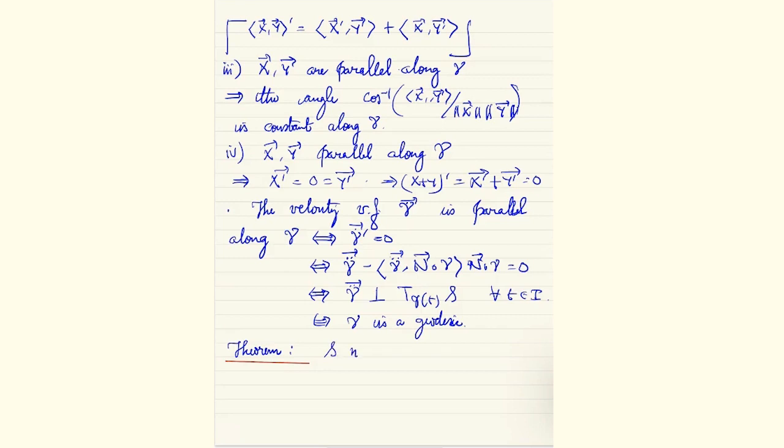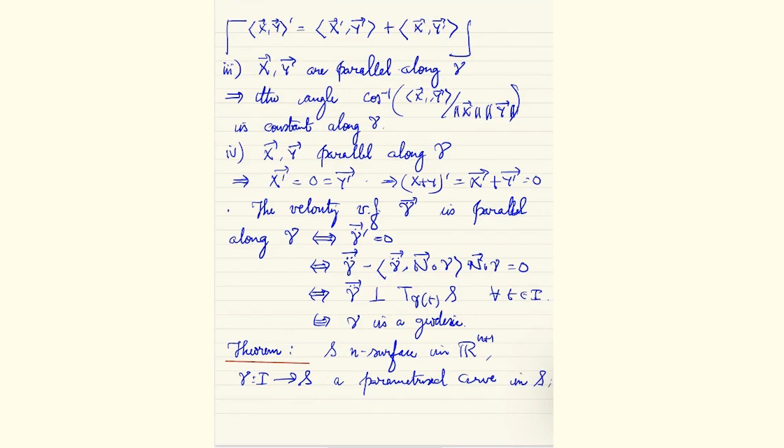S n surface in R n plus 1. I take a curve gamma, a parameterized curve on the surface.